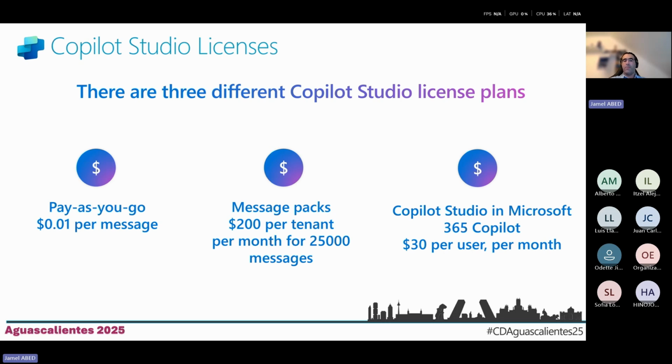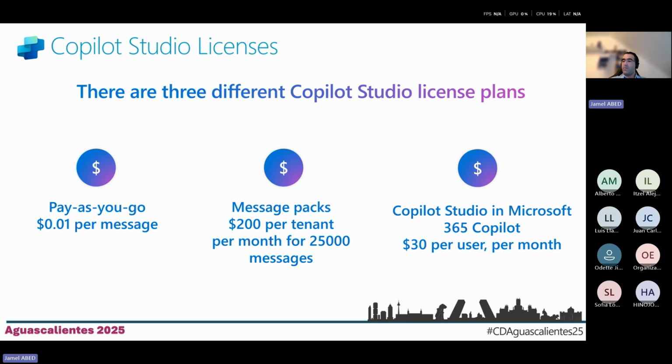We have three types of Copilot Studio license. First, pay as you go: you pay 1 cent per message, meaning each time a user asks for something, you pay per message. Or we have a package, like $200 per tenant per month, limited to 25,000 messages.